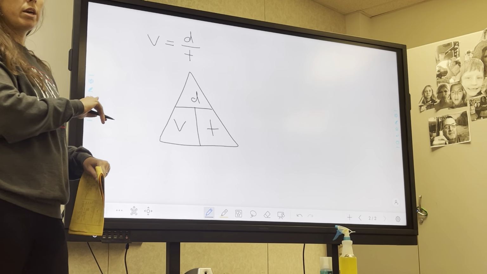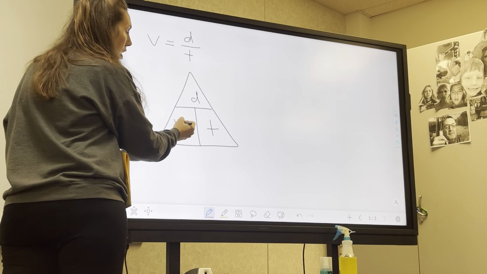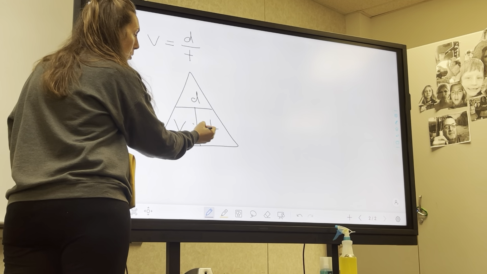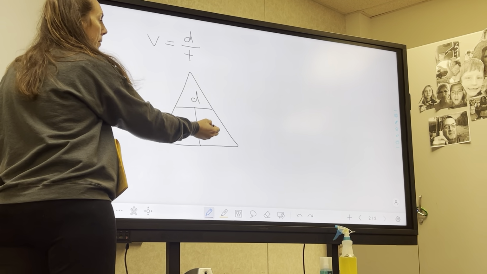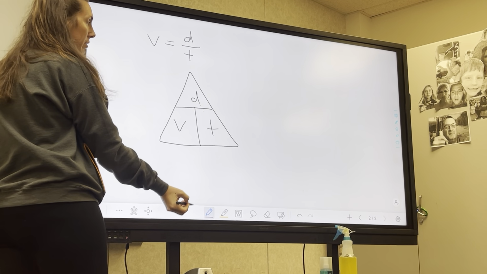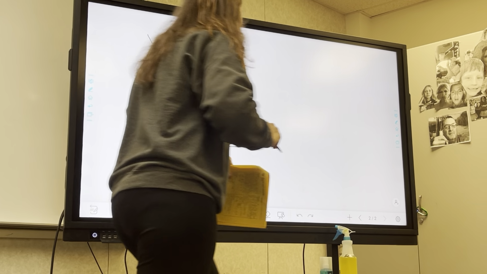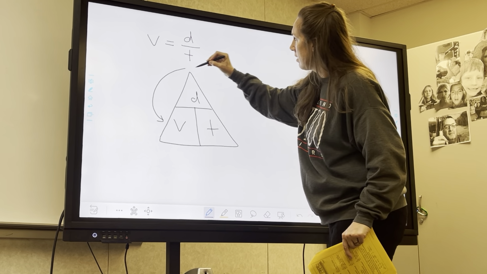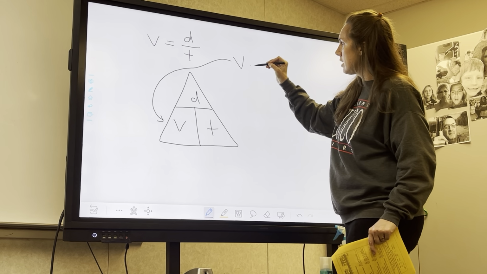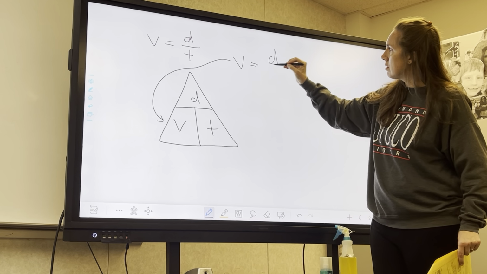Now, if you can get that to work, anything across from each other like this is multiplied. Anything above each other here would be divided. So now, just based on this triangle, if I was going to solve for velocity, velocity equals distance divided by time.